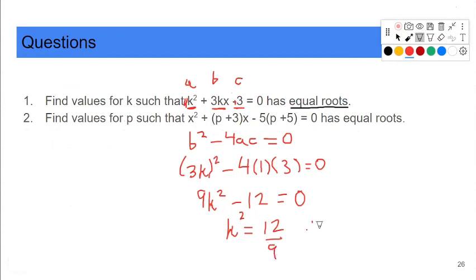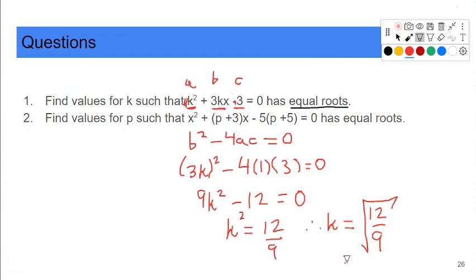And then we have therefore k is equal to square root of 12 on 9, and I would simplify this. Has anyone in this class done surds yet? No. Me too. So you know that we can simplify this a little bit.